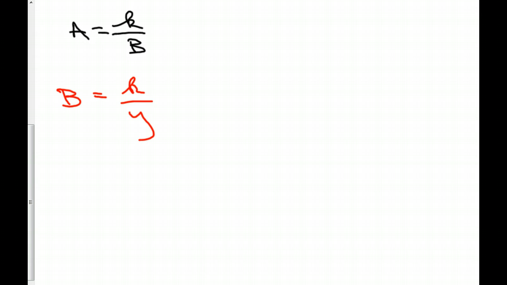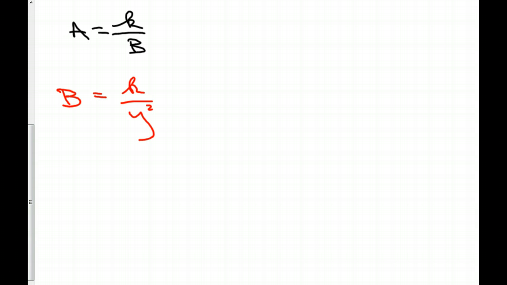So what do we know about the yellows? Blues vary inversely as yellows squared. It tells us we're going to square yellows, so we square it. If 100 blues go with 2 yellows, how many blues go with 10 yellows? So we're going to have to find our K first.